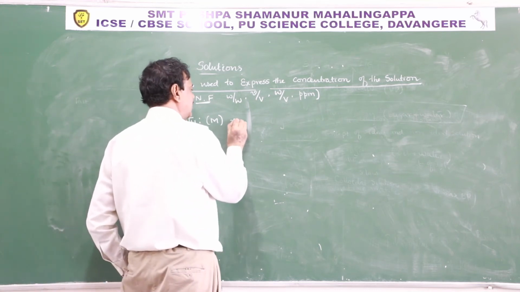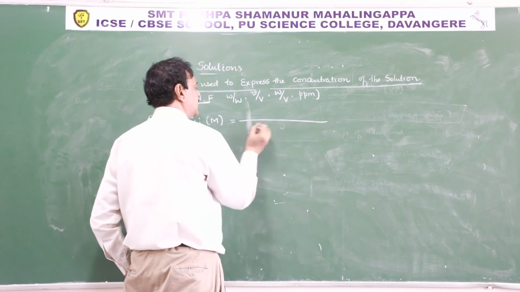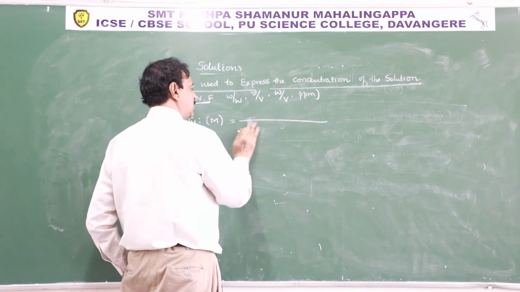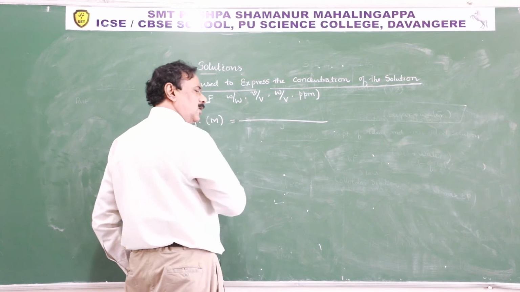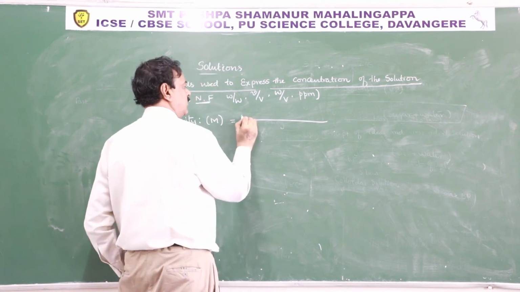The number of moles of the solute dissolved in 1 liter of the solution is called the molarity of the solution.